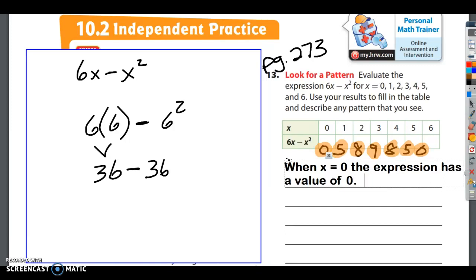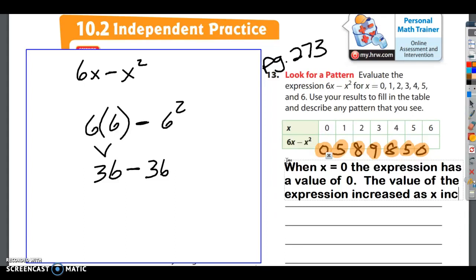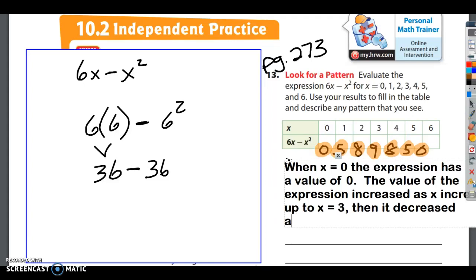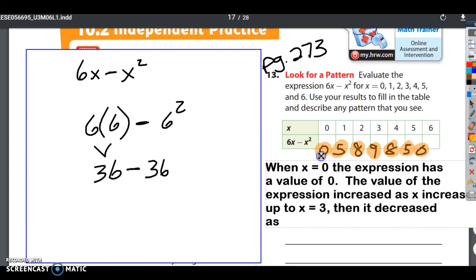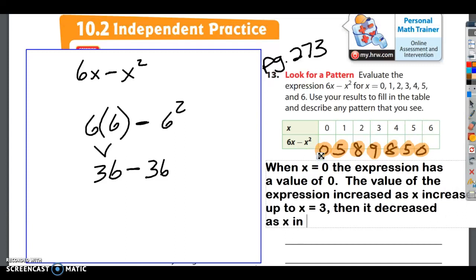The value of the expression increased as x increased up to x equals 3, then it decreased as x increased.